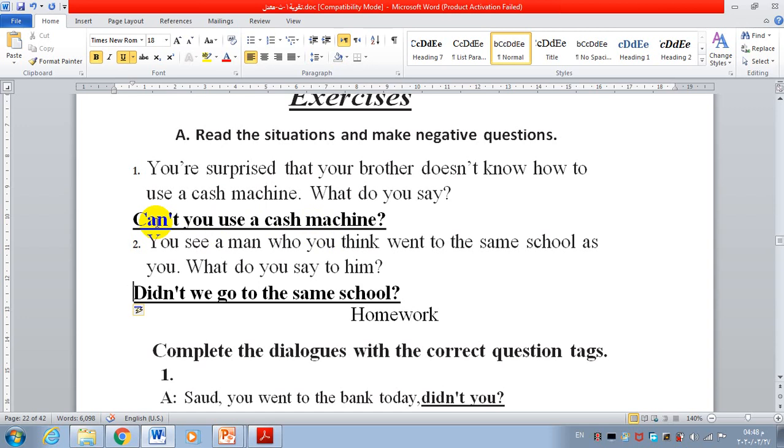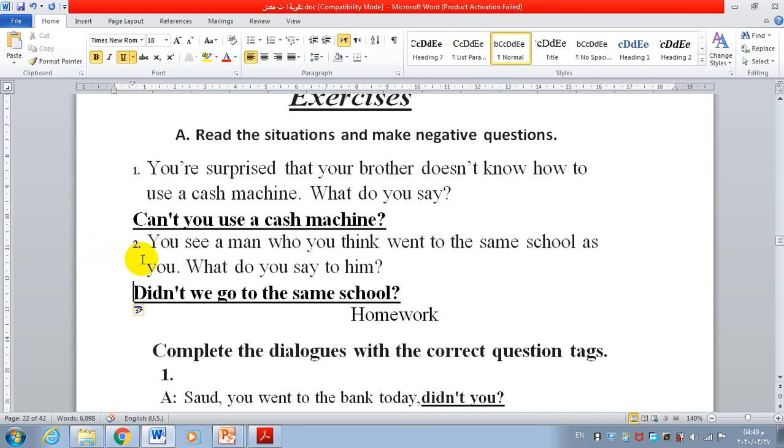Can't is a helping or modal verb plus not, followed by the subject pronoun you, and then the main verb use and the rest of the question. So the negative question here is, can't you use a cash machine? Because you are surprised that he can't use the cash machine, we must ask him this question.